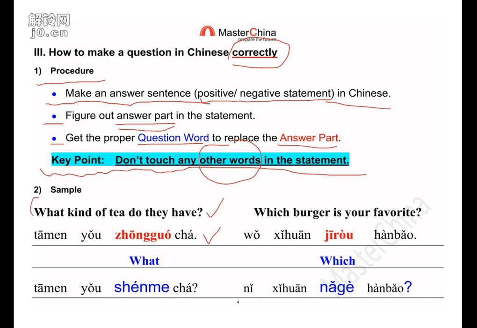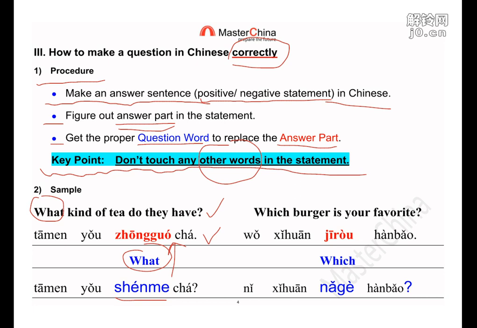Same in Chinese, what? So 什么. This is our answer, right? Then the third step, get the proper question word to replace it, and don't touch the other words. So 什么, we replace 中国, and the other words stay in their own position in the statement. 他们有什么茶?